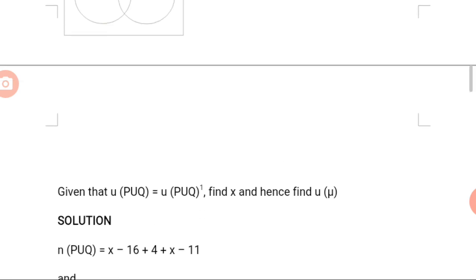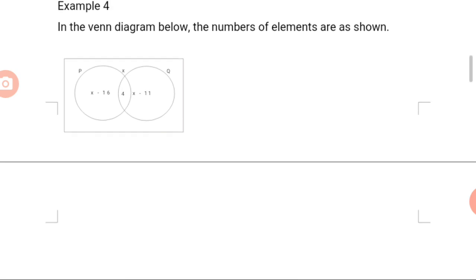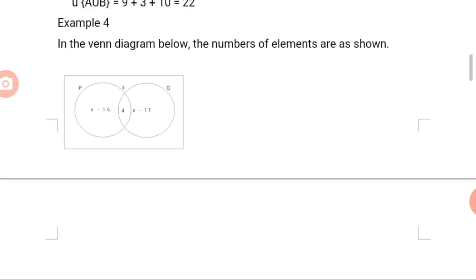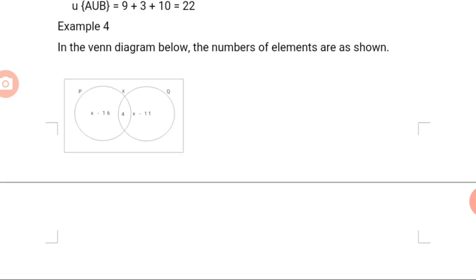P union Q is you add everything that is inside P or Q together. That is x minus 16 plus 4 plus x minus 11. Is that clear?